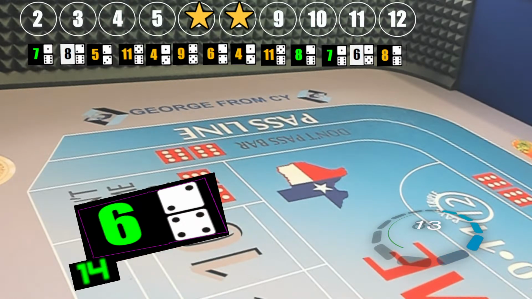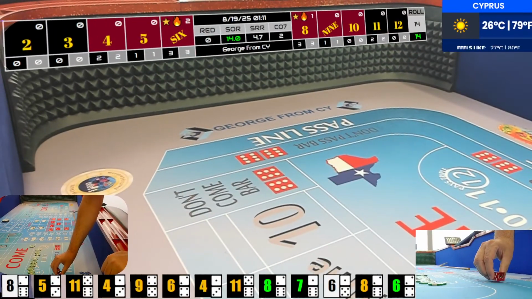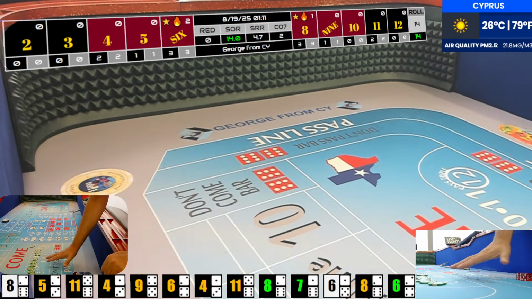Okay, so we go to the 3s now. 3, 2, 3, 1. Dice out.